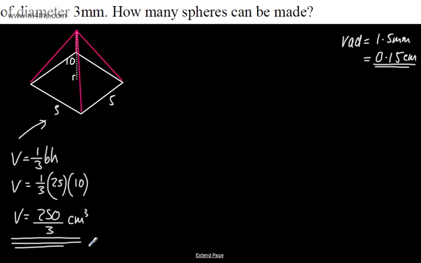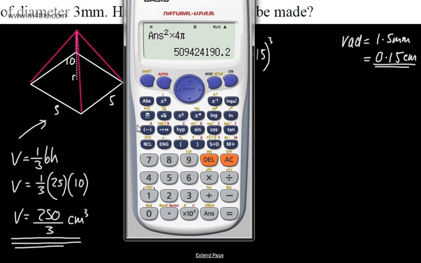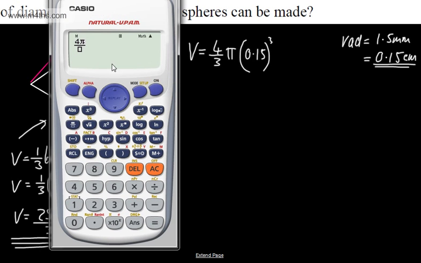So let's now look at the volume of each of these. So the volume of each sphere is 4/3, then we're going to have pi, and then r cubed. The radius is 0.15, which we need to cube. So let's go ahead and work that out. Another way I can do this is now 4, then I can have pi in the numerator, and then I can have 0.15, which we can cube.